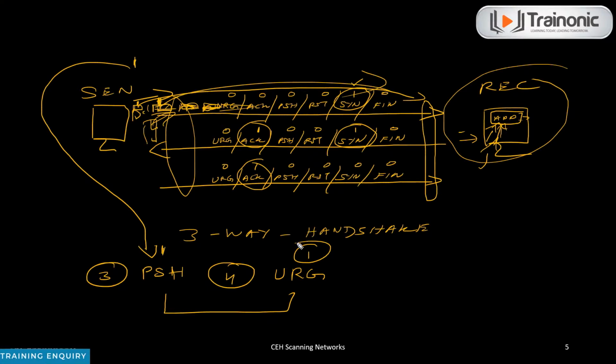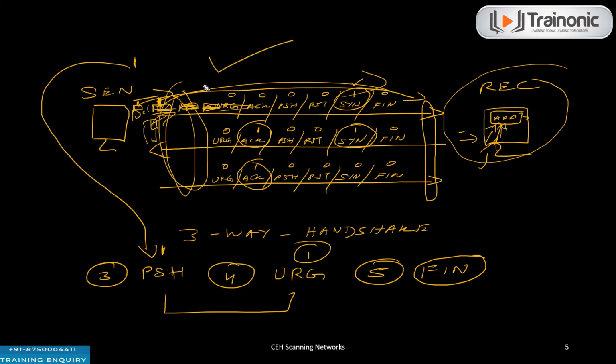Now let's talk about the fifth one, the fin bit, also known as the finish bit. It is set to 1 to announce that no more transmission will be sent to the remote system, and the connection established by the SYN flag is terminated. What does that mean? Let's say the three-way handshake has been completed and the connection has been established.